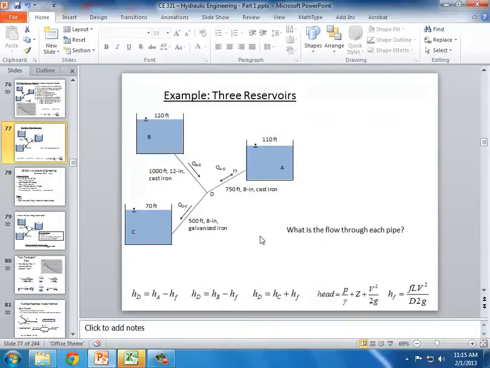So times 12. All right, so someone got a calculator that can tell us what's our relative roughness for this 8-inch pipe? In other words, what's 0.00085 times 12 divided by 8? 1.275 times 10 to the negative third.